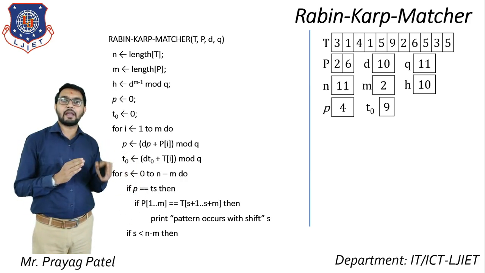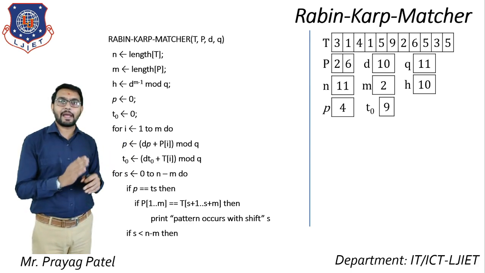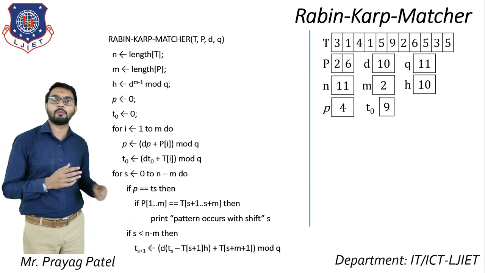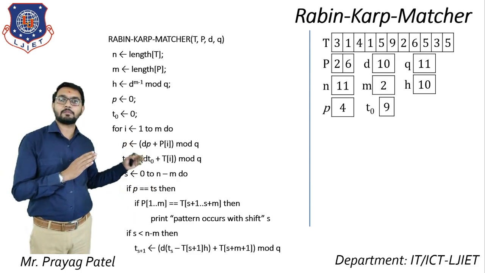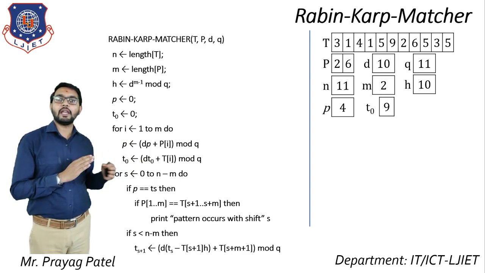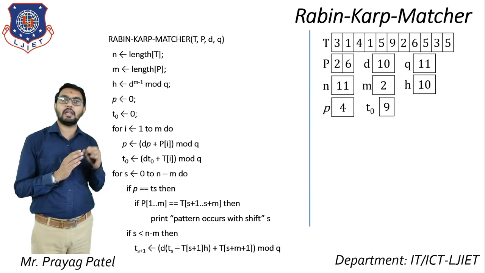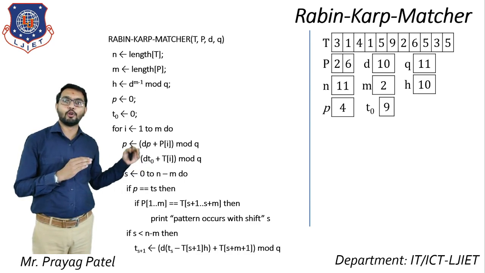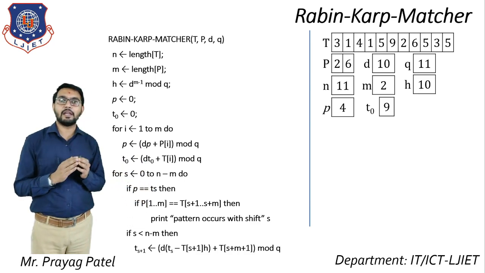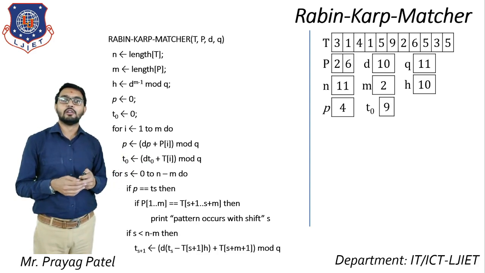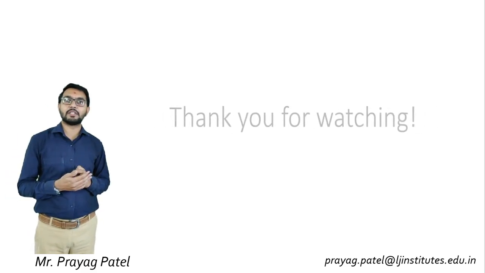If s less than n minus m, means pattern is not matched, but your value of s shift operation is less than n minus m, then we perform the last operation t of s plus 1 equal to d into t of s minus t of s plus 1 into h plus t of s plus m plus 1 modulo q. This operation is to find your next two text and find the modulo of these two text. So consider this is your final answer of your Rabin Karp string matching algorithm.